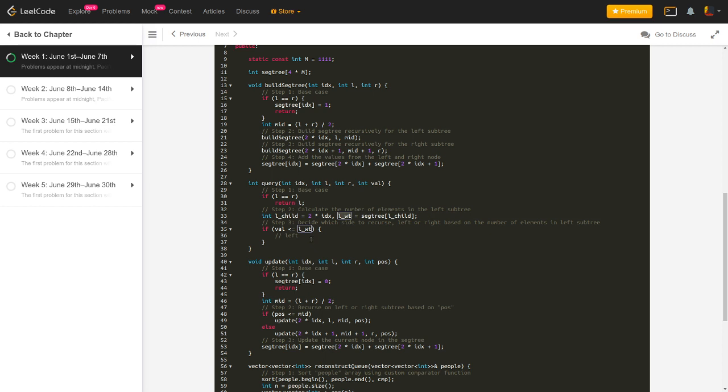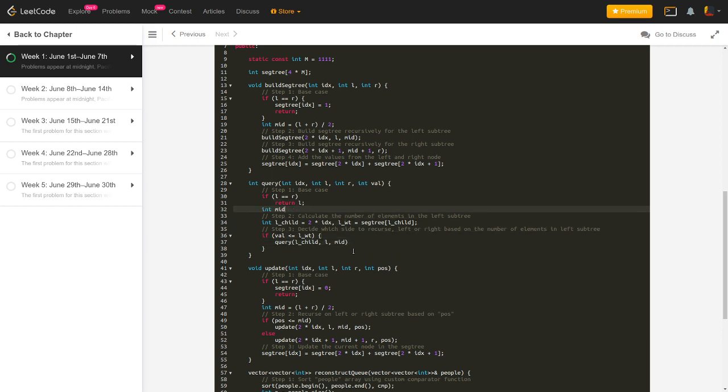In that case, I can directly find my answer from the left subtree. I don't need to worry about the right subtree. I'll just go to L child. I need to calculate mid as well. I'll just calculate mid as L plus R by 2.